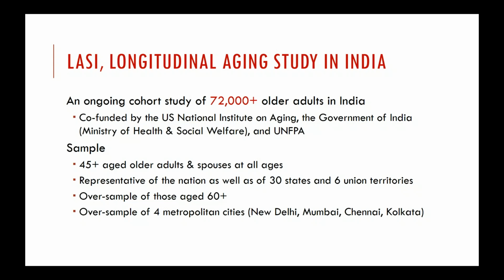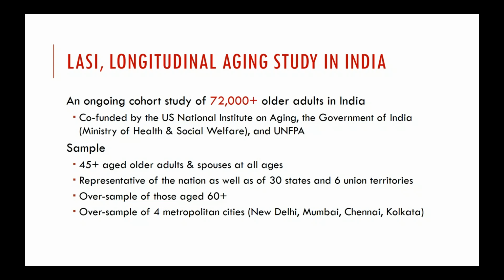But everybody, including us, got too excited, and we obtained additional funding from the government of India, and the study has grown dramatically. Originally, we planned to recruit about 18,000 older adults, but we ended up recruiting more than 70,000 older adults from every state and union territory of the country.